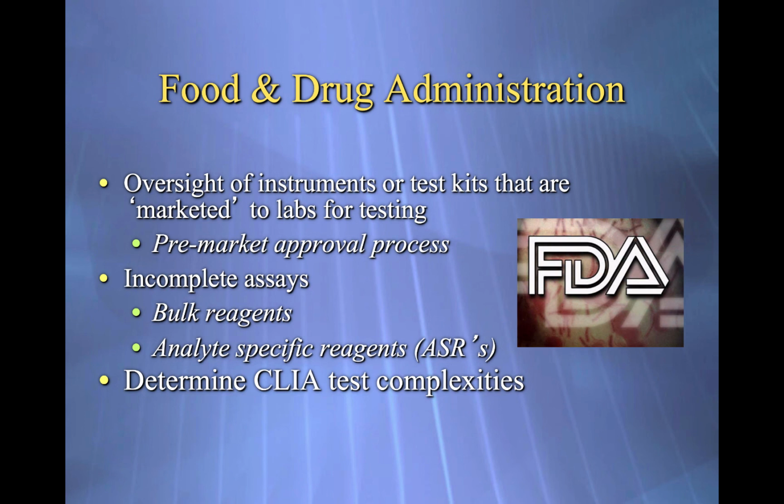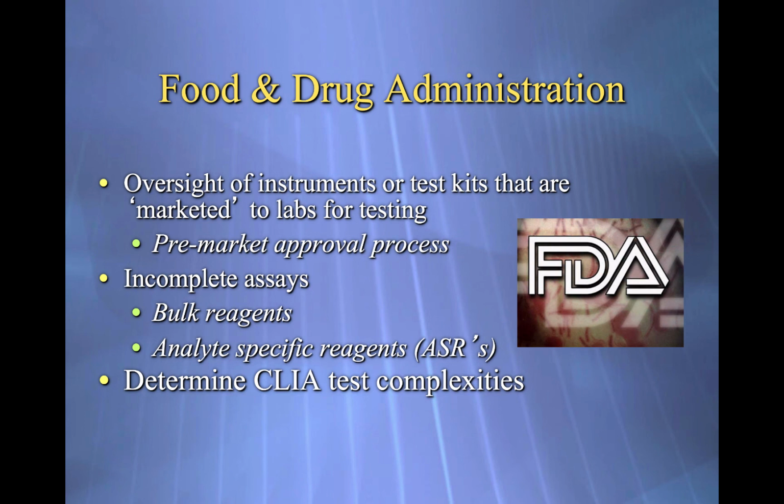So like a flow cytometer, I have to validate the flow cytometer based on the ASRs that I'm using on it, because the vendor who provides me those reagents only says, well, it's for T4 cells or CD4 cells, but you are going to have to do your own validation of these. The FDA does not require the vendor to validate those in the same way that they validate a full test. The lab has to do it.